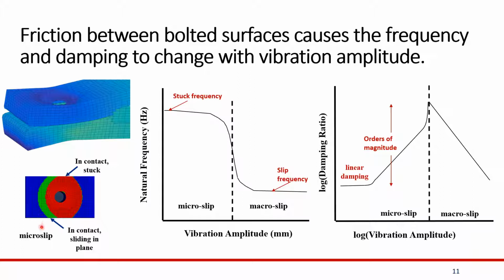This is known as microslip. And in the microslip region, there is a small change in the frequency and orders of magnitude change in the damping that is commonly observed. So using the backbone curve from QSMA, we want to be able to estimate this frequency and damping change due to the bolts that are present in our structure.